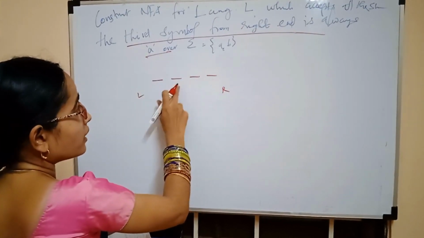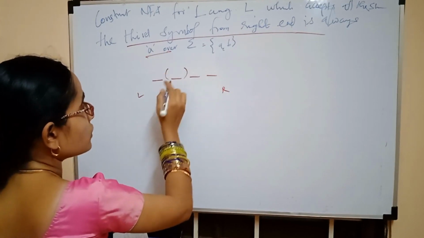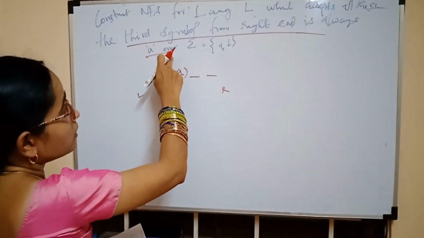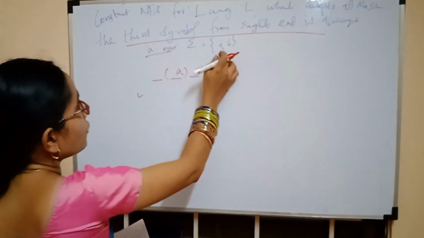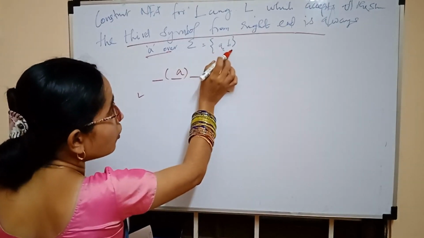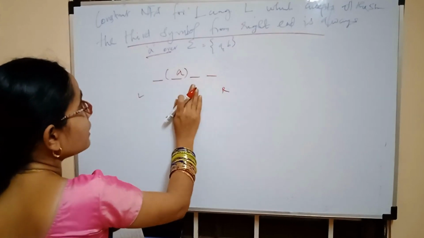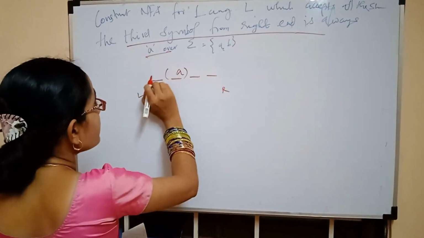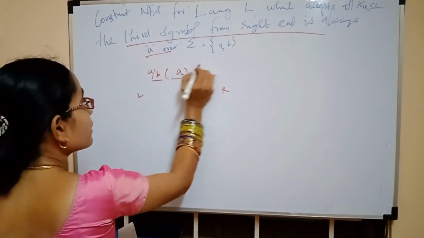So the third symbol from the right end is this one, and this one should always be A. Over A comma B means there are two input symbols, either A or B. But the third symbol from the right should always be A. Other than that, in these three places you can have either A or B.